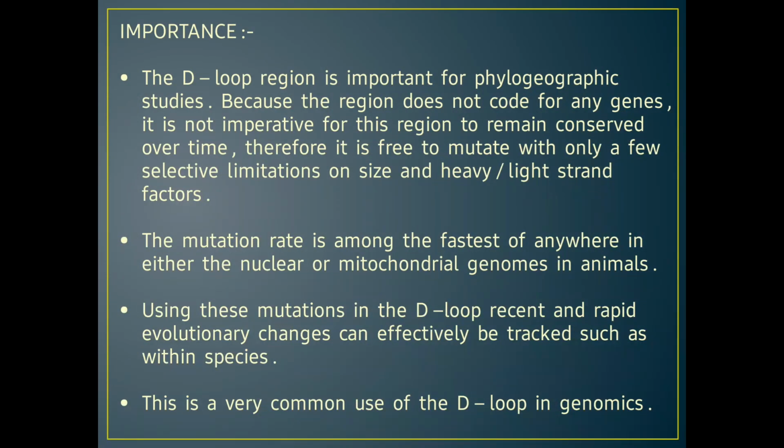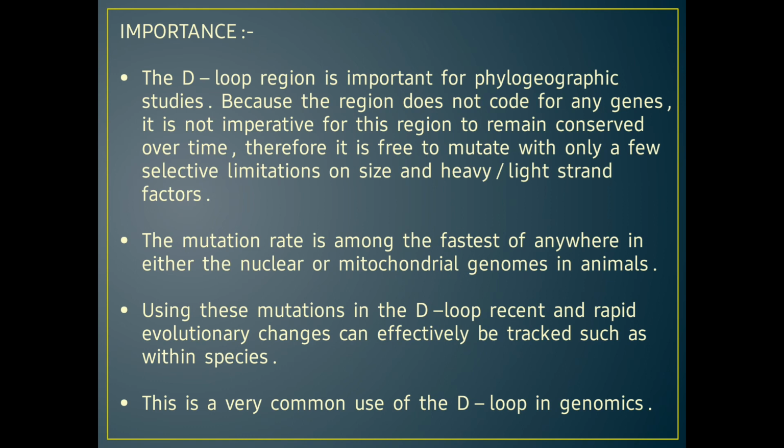Now next is the importance of the D loop. The D loop region is important for phylogeographic studies. For phylogeographical studies, the D loop is used because this region does not code for any genes, and it is not imperative for this region to remain conserved over time.